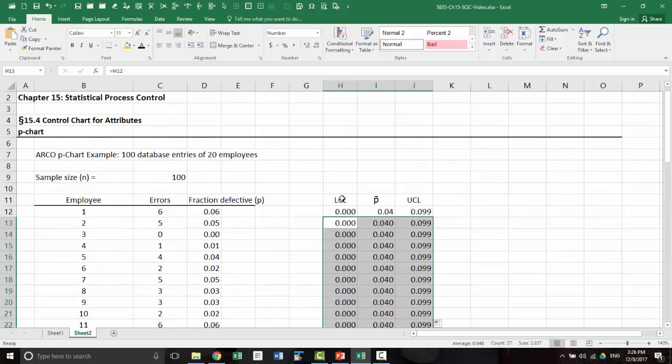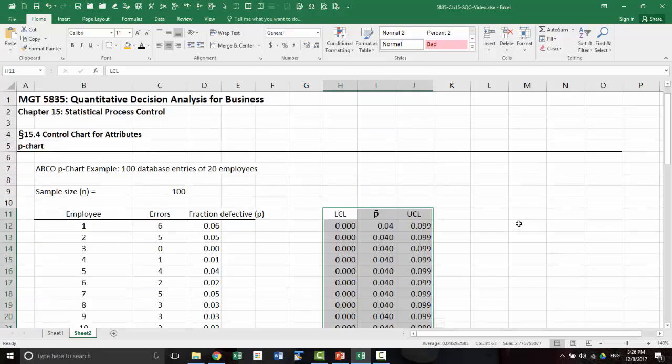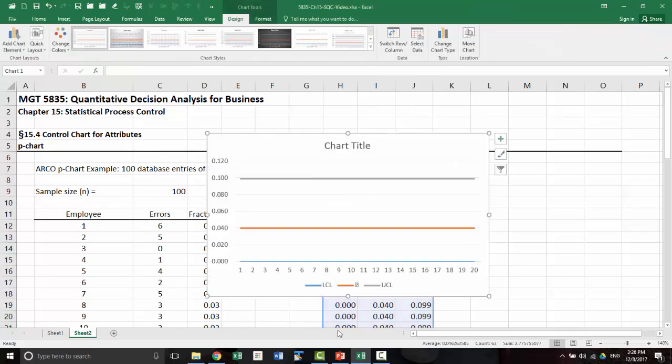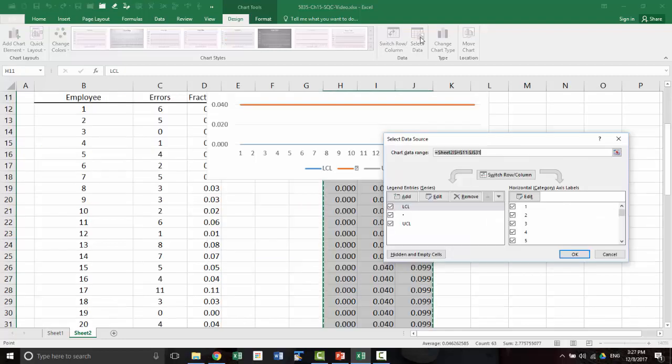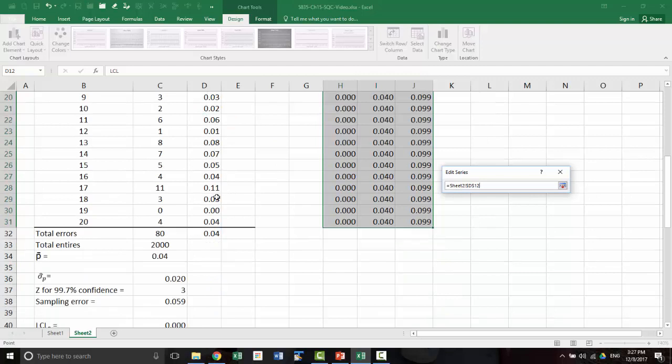Then let's plot these horizontal lines first. So we have the 3 lines. Add P, and the series values are the fractions.